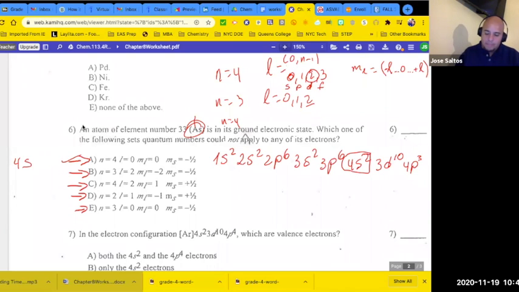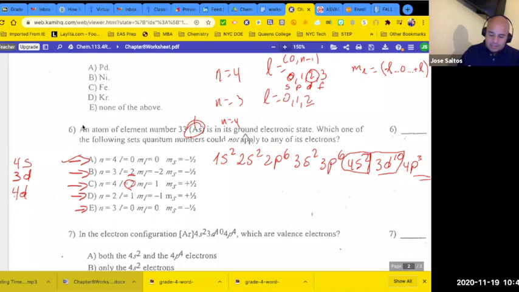For B, we have a 3d, L equals 2, which corresponds to the d orbitals, and we have 3d orbitals over here, so that's good. We're looking at C. In C, we have 4, and L is d, so we have 4d. Now, do we have a 4d orbital? No. Okay, so we do not have it.